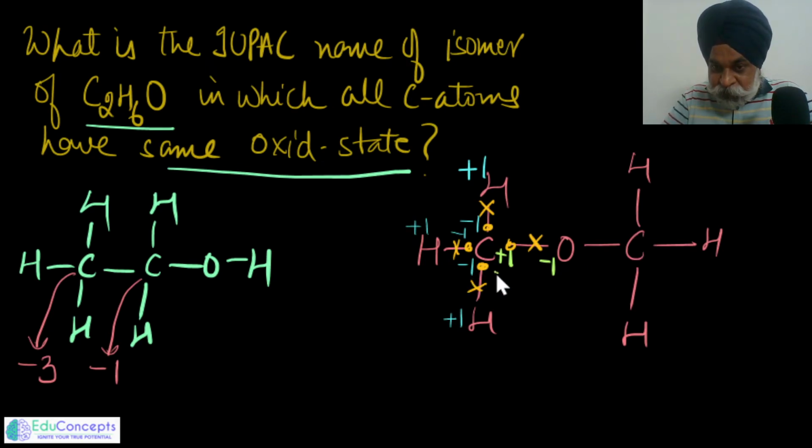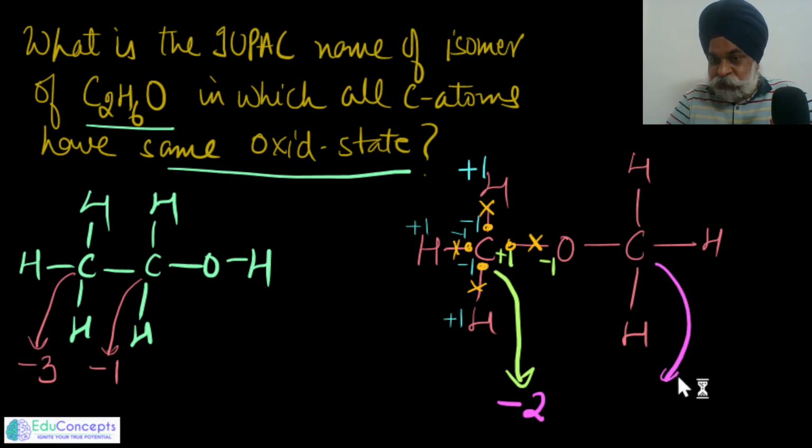So the carbon which I am getting here has an oxidation state, let me mark it: -1, -1, so this is -2, -1, -3 and +1. So the total would become -2. So this is in -2 oxidation state and this is in -2 oxidation state. Now these two isomers, this is the beauty of the thing.